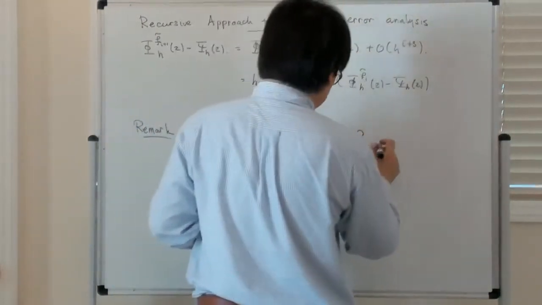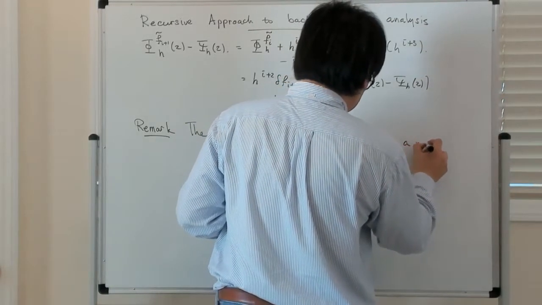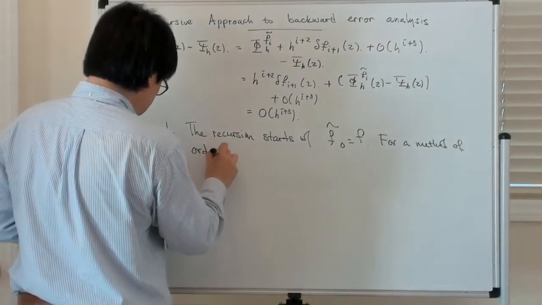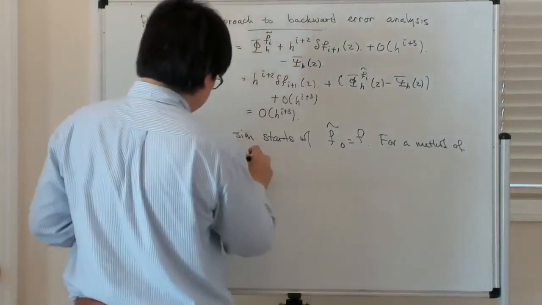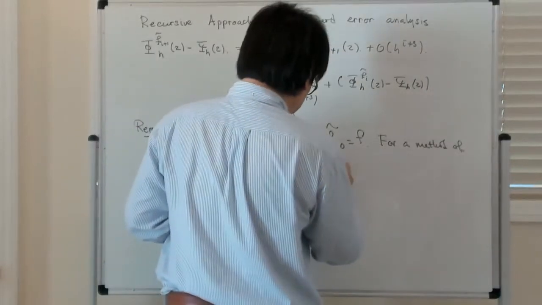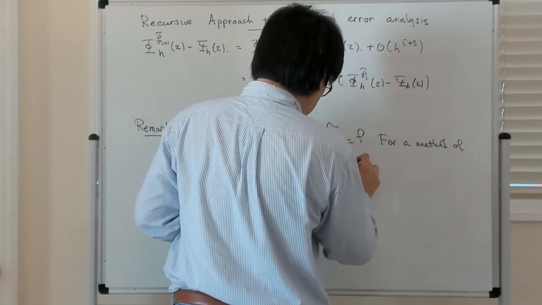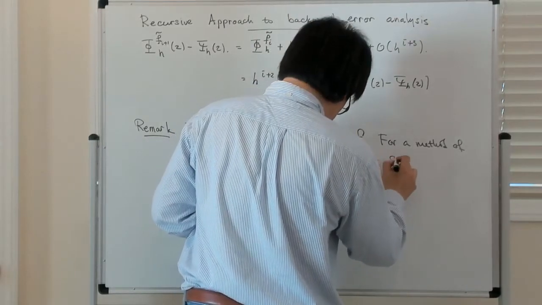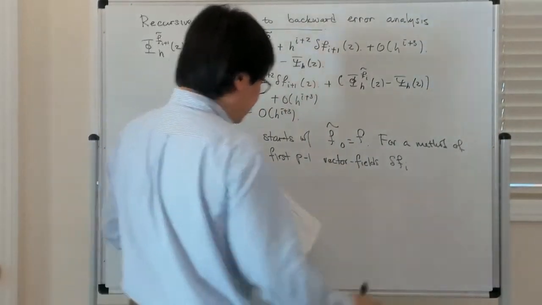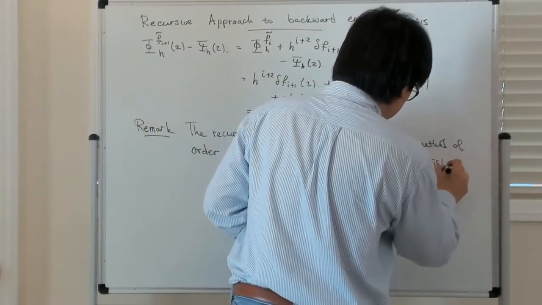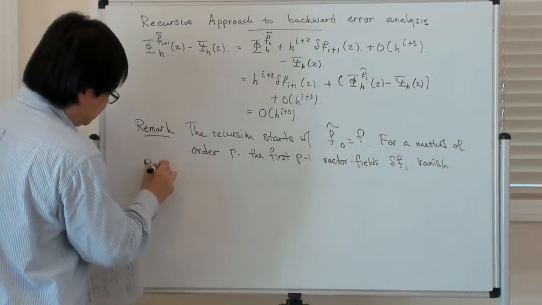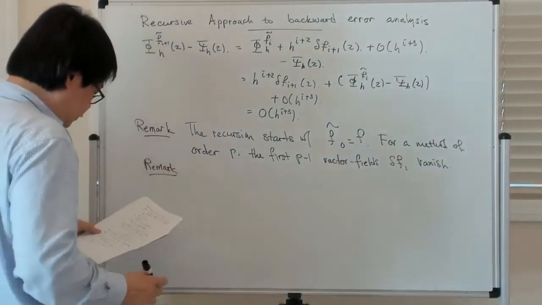The other observation is that for a method of order p, the first p minus 1 perturbation vector fields, the delta f I, vanish. Okay. The second remark is that the series does not converge in general.